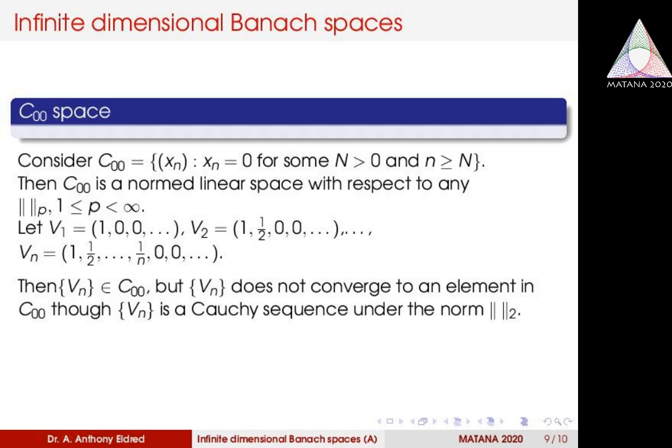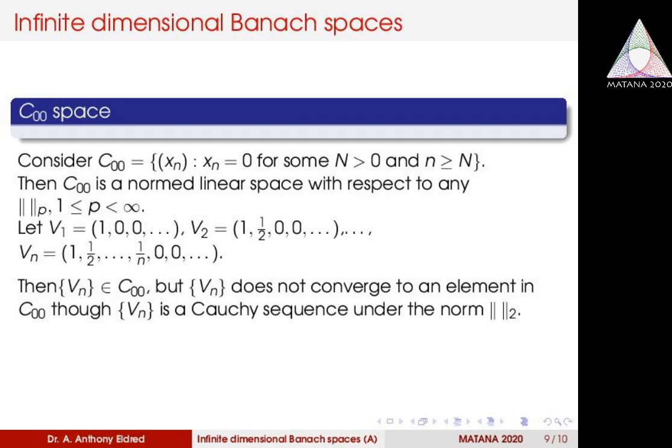Then we can see that each vn belongs to C naught naught, because in all these elements, after some stage the entries are 0. But if you want to check whether vn converges to an element in C naught naught, first we can check that vn is a Cauchy sequence under the 2 norm.